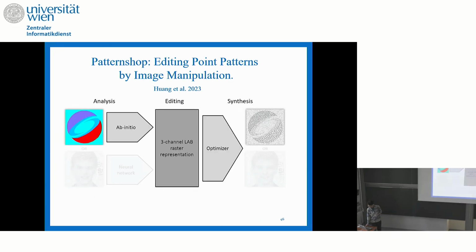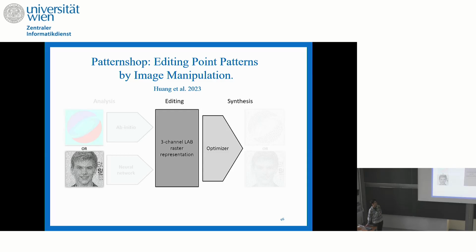So this is the way it works, and based on that, we can do this analysis towards synthesis from a colored picture to point patterns, and also on the other side, from a point pattern, we can try to learn how to generate these kinds of colors based on the correlation that we are computing, and then do some editing through popular editing tools of image processing, etc., in order to edit the corresponding point pattern and output the edited result.